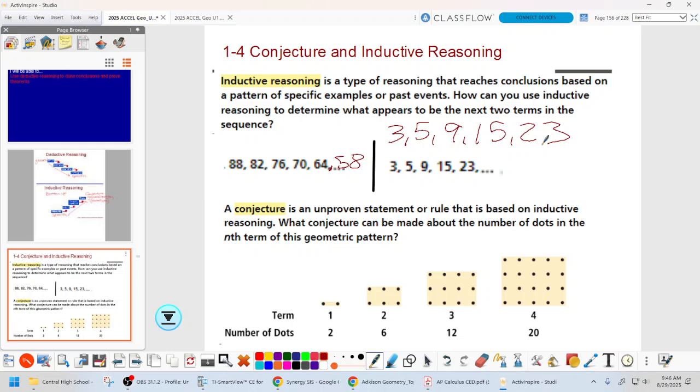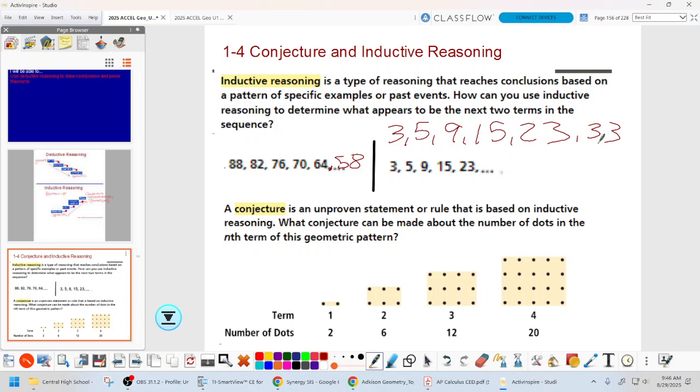Alright, what's going on in that one? Well, it added 2, then added 4, then added 6, then added 8. So now it's going to add 10, so 33. Okay, so we're seeing patterns. That's inductive reasoning, okay?